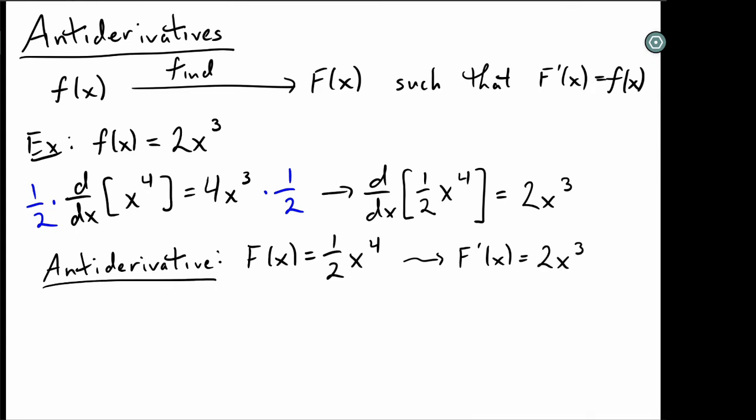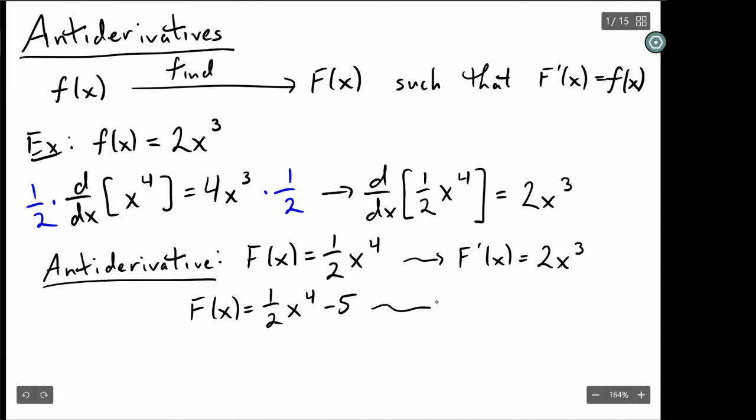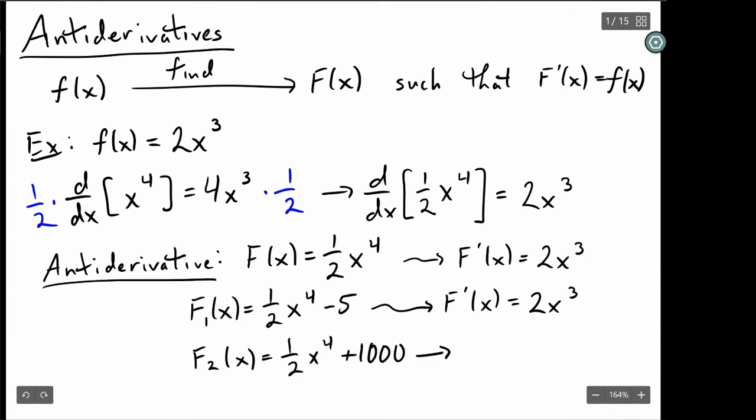But let's think about this some more. What if I picked f1 of x equals 1/2 x to the fourth minus 5? Then f prime of x is still going to be 2x cubed. If I pick f2 of x to be 1/2 x to the fourth plus 1,000, F prime is still 2x cubed, right?